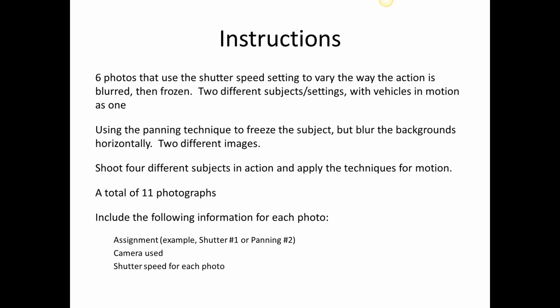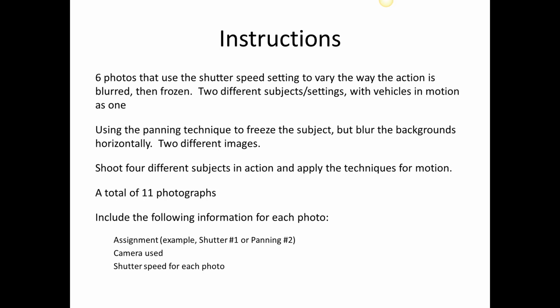We're going to go over assignment number 4, where we were trying to use shutter speed settings in a way where we can do one of two basic techniques for motion: the blur and the freeze.